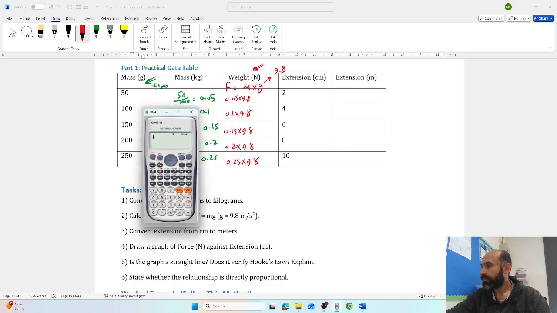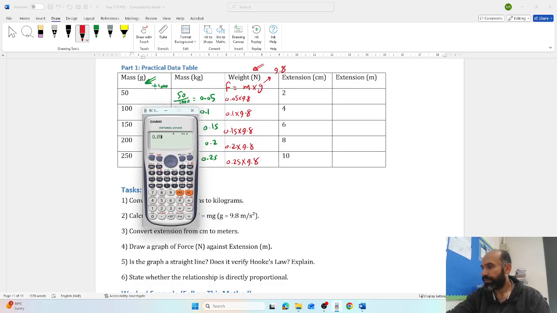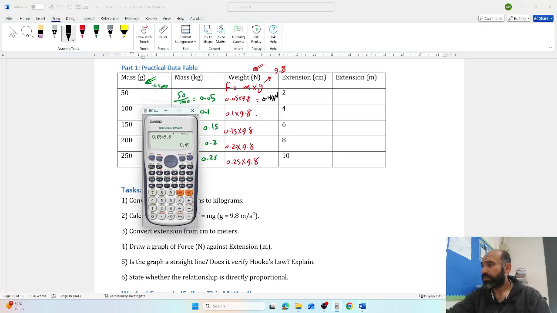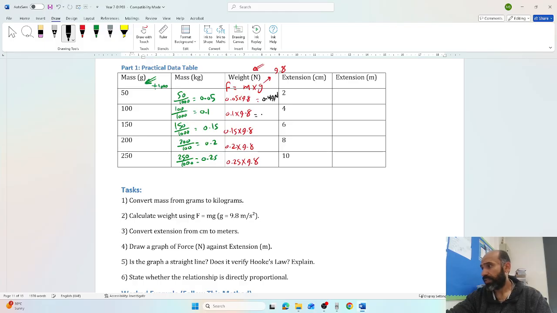So 0.05 times 9.8 will be 0.49. We can use a different color. 0.49, and of course, the unit is Newton. Then 0.1 times 9.8 will be 0.98 Newton.